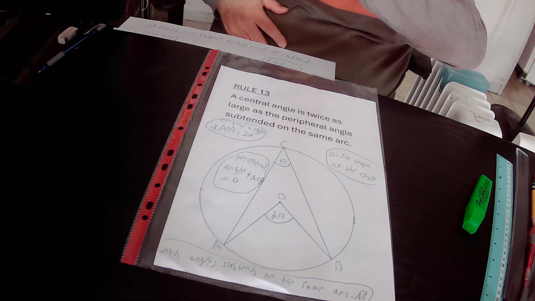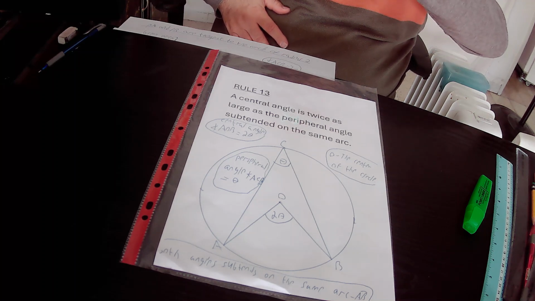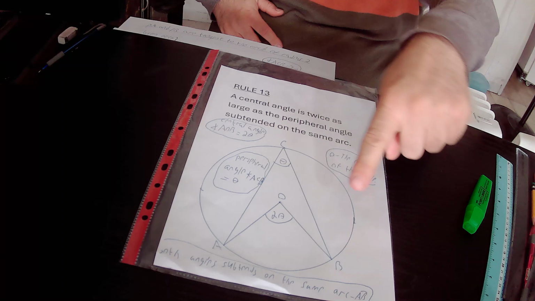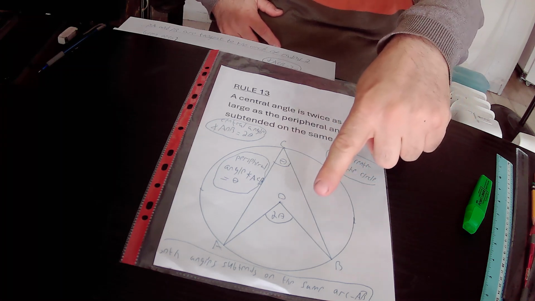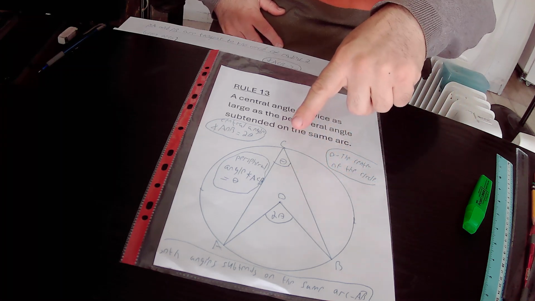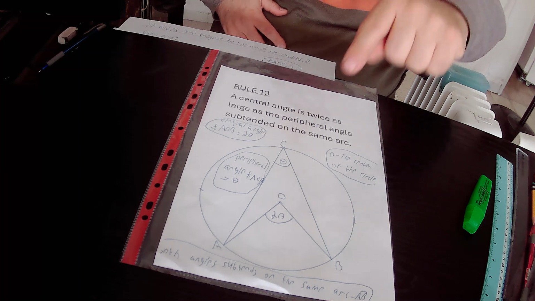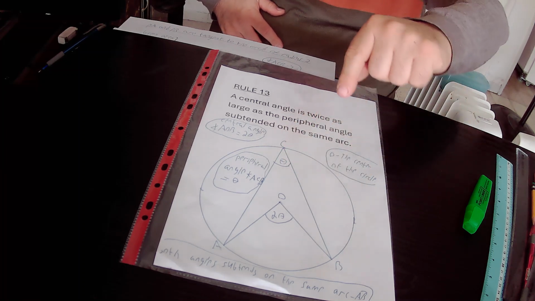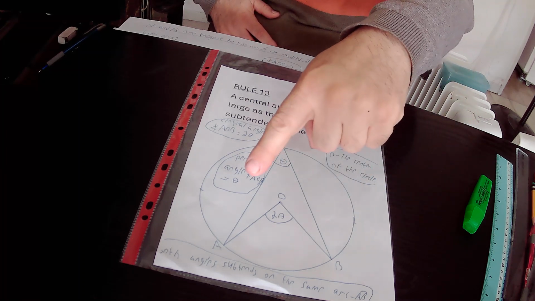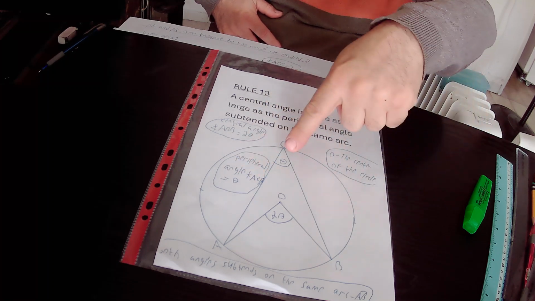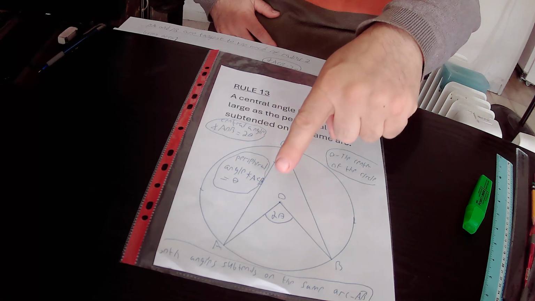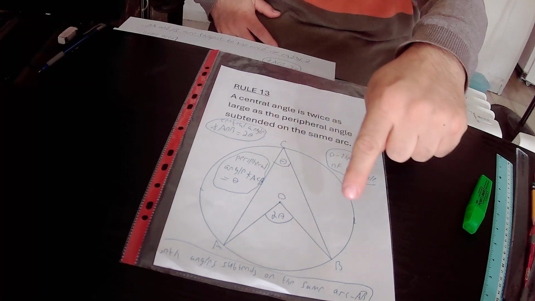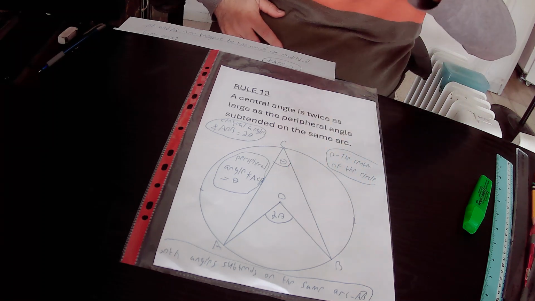Therefore, according to this rule 13, the central angle AOB must be twice as large as the peripheral angle ACB that is subtended on the same arc AB. And because the peripheral angle ACB equals theta, the central angle AOB will be equal to 2 theta.